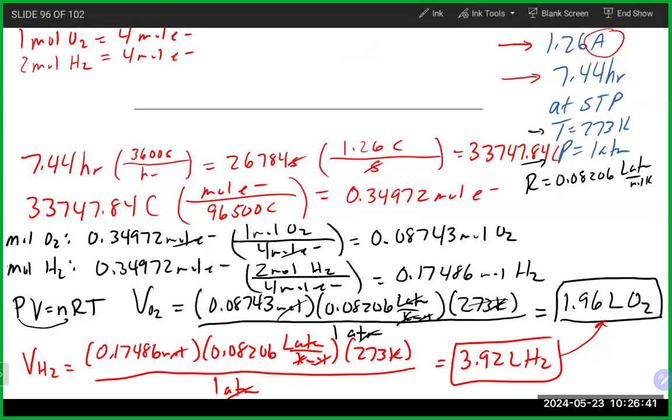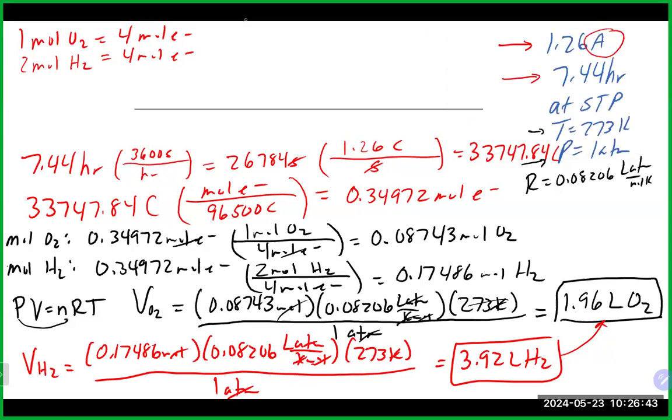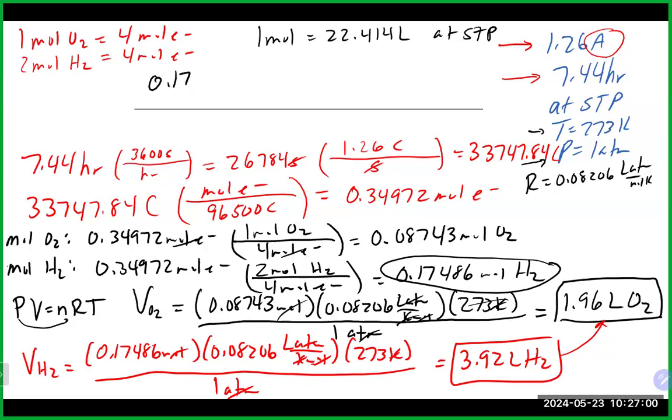There is another way that you could solve it, as you might remember from gas, which is 1 mole of any gas is equal to 22.414 liters at STP. So if you remember that relationship, you could have just picked up with the moles here of, say, hydrogen. You could do it for the oxygen as well. You could have just used that relationship, that a mole is 22.414 liters, and that'll get you your same 3.92 liters of hydrogen.